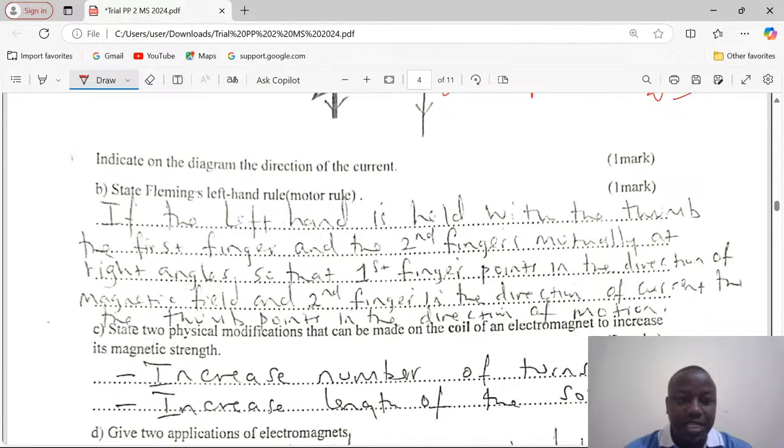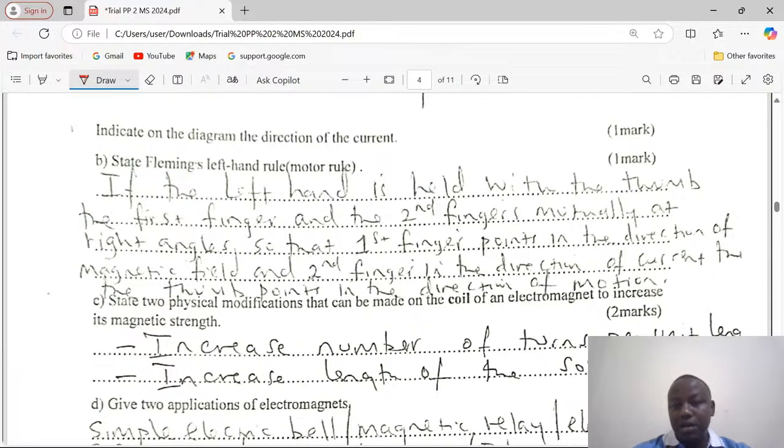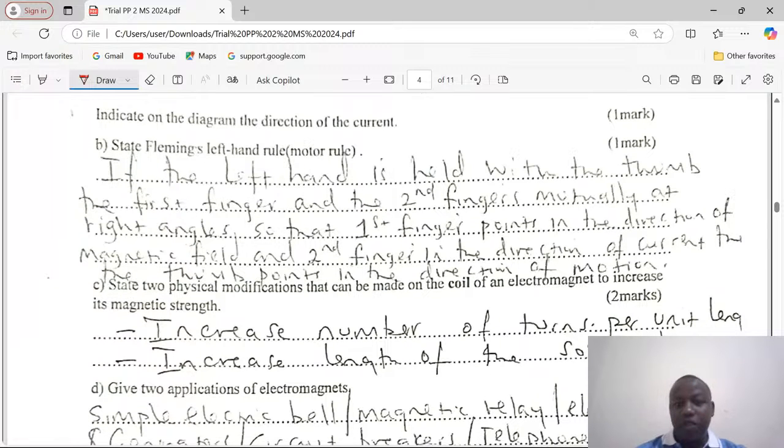Part B. State Fleming's left-hand rule. It's also called the motor rule. It states that if the left hand is held with the thumb, the first finger, and the second finger mutually at right angles, so that the first finger points in the direction of the magnetic field, the second finger points in the direction of current, then the thumb will point in the direction of motion.